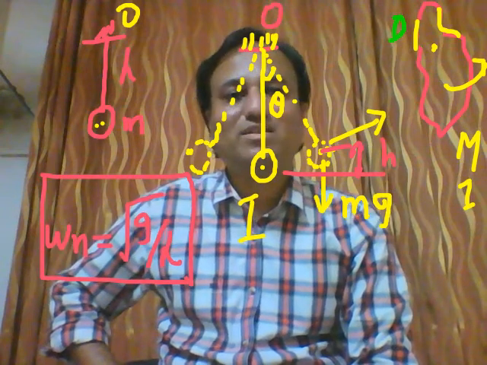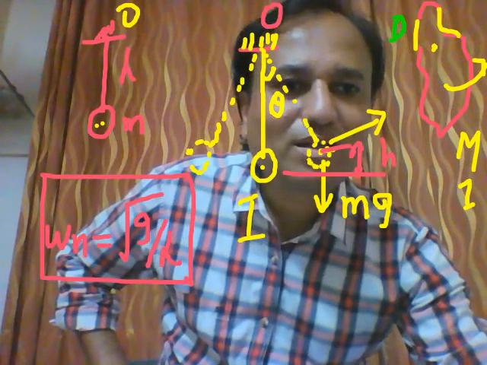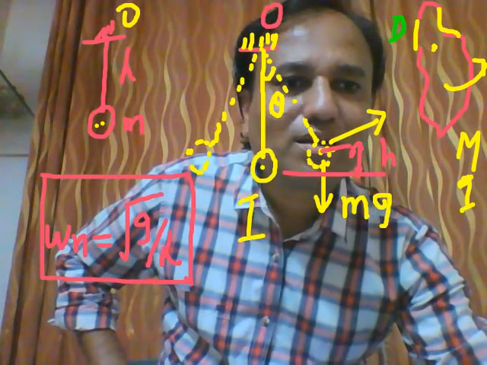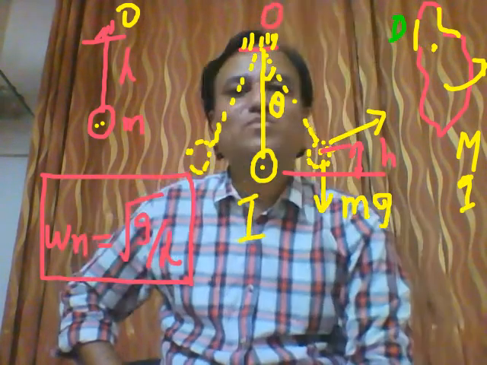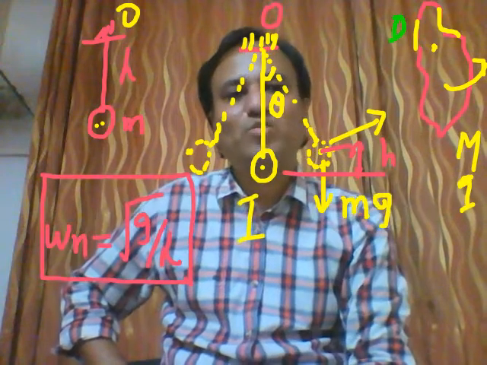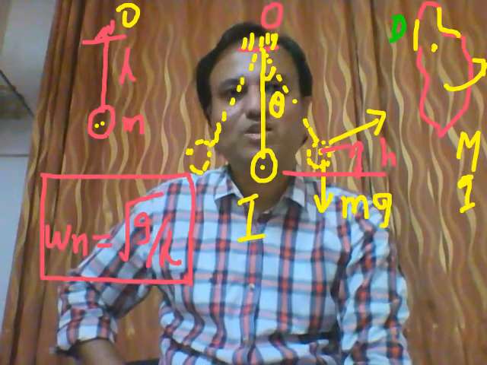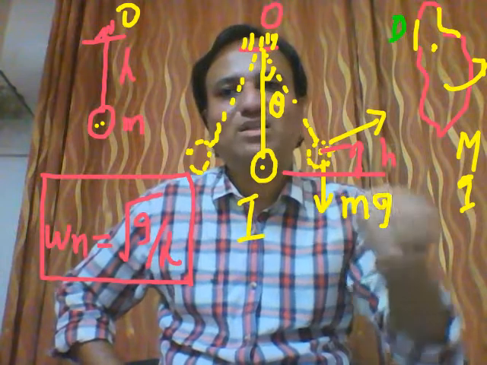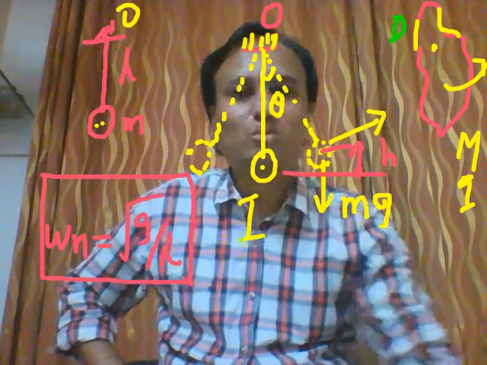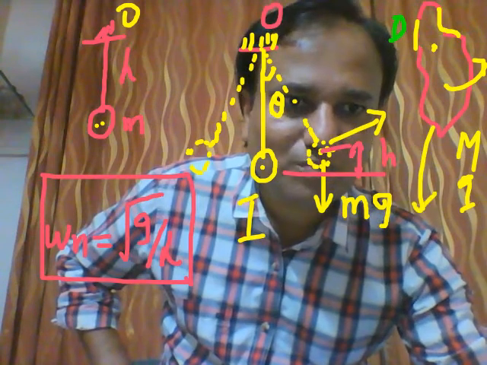Just cross-check it. Similarly, if m is the mass of this rigid body or compound pendulum, what will be I? If initial excitation is given, what will be omega n for the compound pendulum?